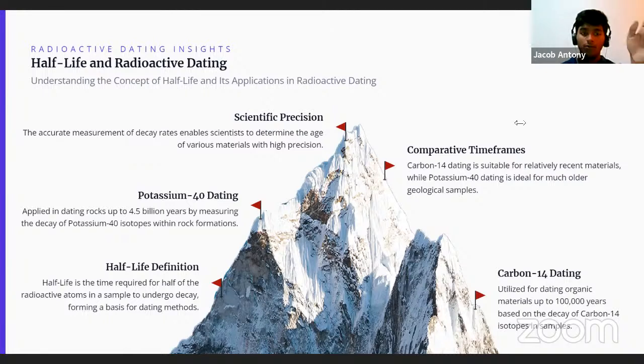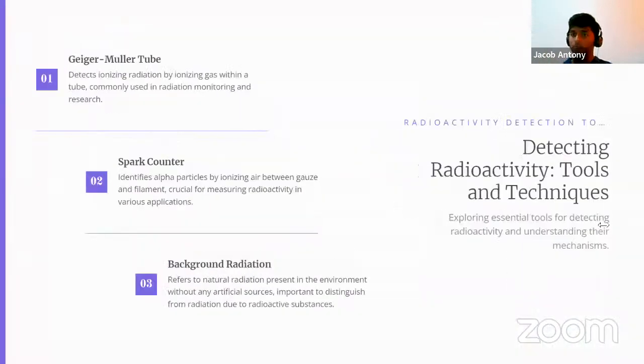The definition of half-life is the time required for half of the radioactive atoms in a sample to undergo decay, forming a basis for dating methods. So in short, radioactive dating basically gives you the approximate time or era from which a particular object we've recovered comes.